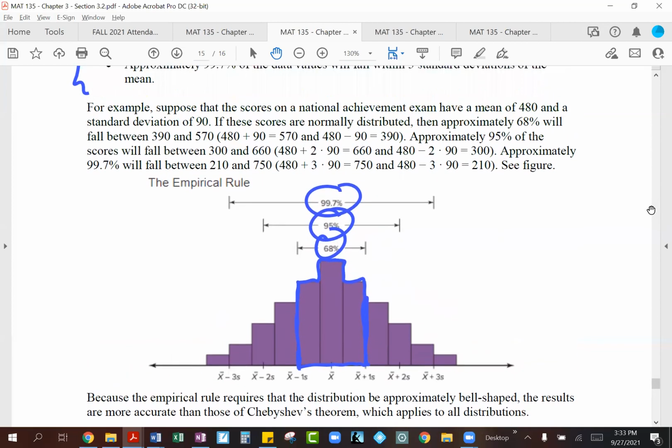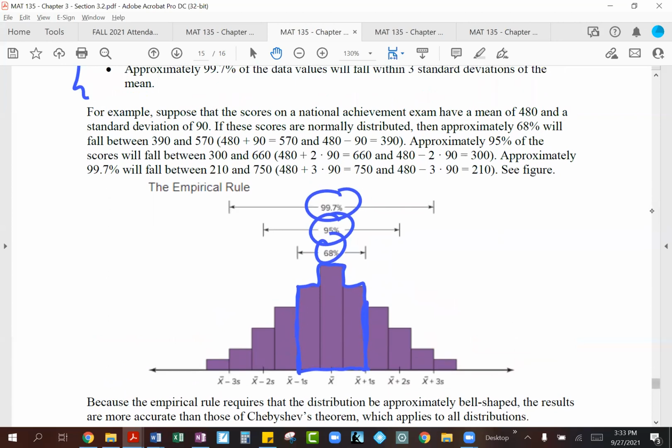So if you look at this example over here, they're saying the scores on a national achievement exam have a mean of 480. So that means your mean of 480 is what's right here in the center. We're saying you have a standard deviation of 90. So if you add 480 plus 90, that brings you to 570.